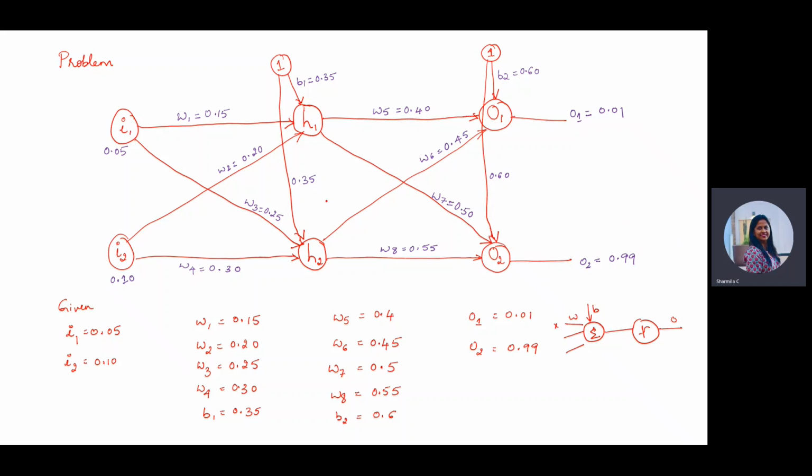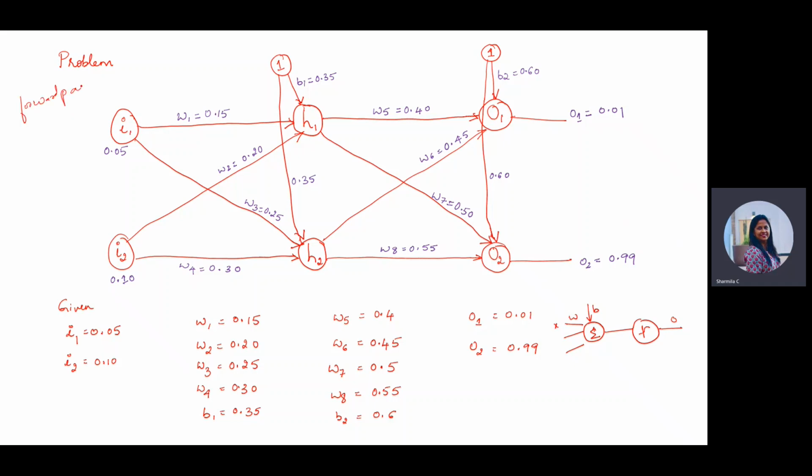So here, whatever H1, H2, O1 and O2, each node performs the operation of a single perceptron. Hence, each node is associated with a bias value. For the hidden layer H1 and H2, it is B1 equals 0.35, and for O1 and O2, the bias value is 0.60. So when we looked into the backpropagation algorithm, we saw that first the forward pass is done.